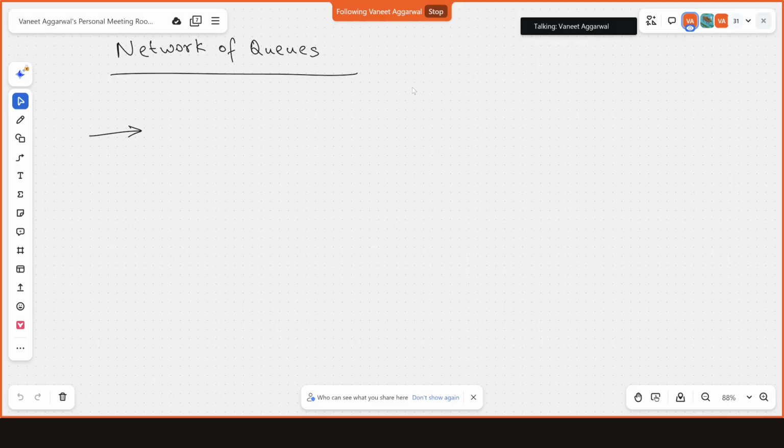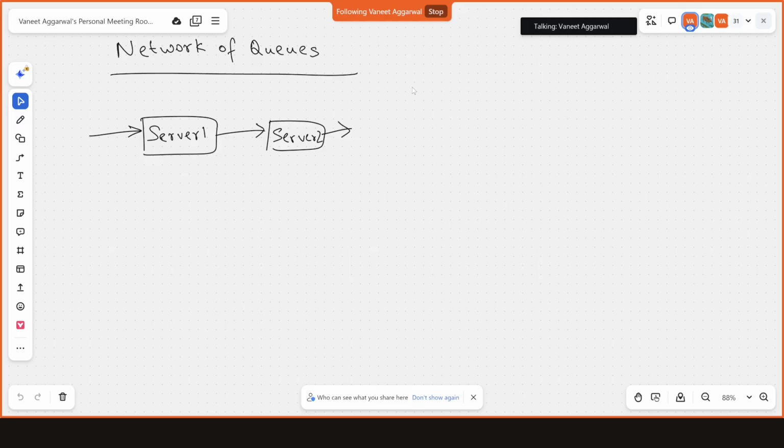Arrival comes in, goes to a server, let's say server one, and then goes to another server, and then goes out. There could be other type of system where with probability p it goes to server 2, with probability 1 minus p it goes back to server 1. So you can have connections inside.